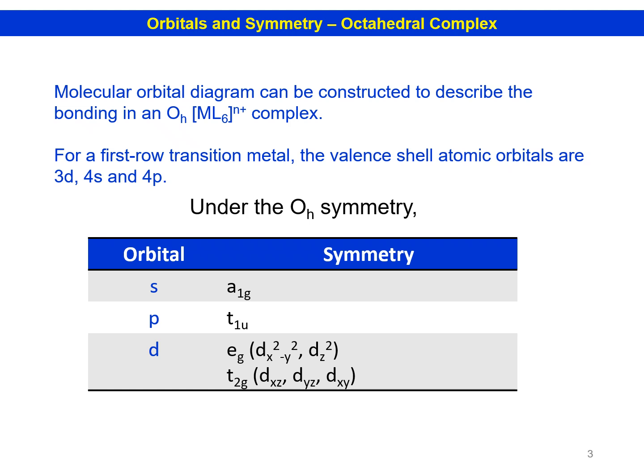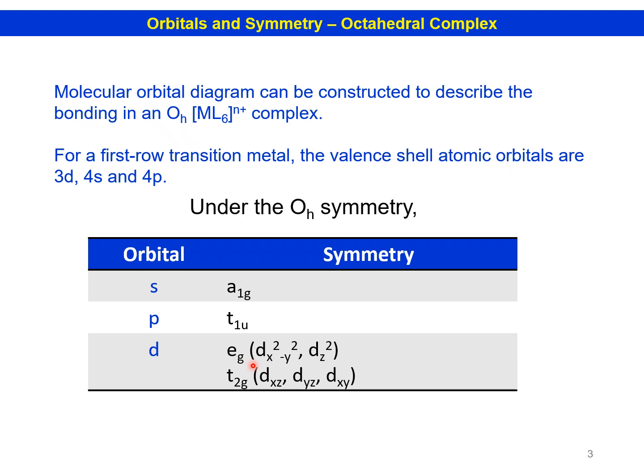The s orbital will always have A1g symmetry. The p orbital will always have T1u symmetry, and the p orbital is degenerate. The d orbital will have two types of symmetry, Eg and T2g for octahedral. For tetrahedral, the g is silent, so there will be only E and T2, no g.